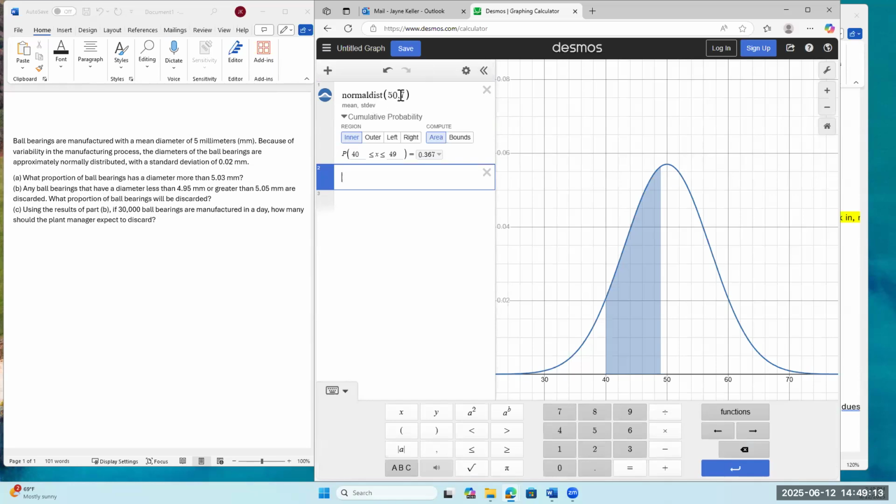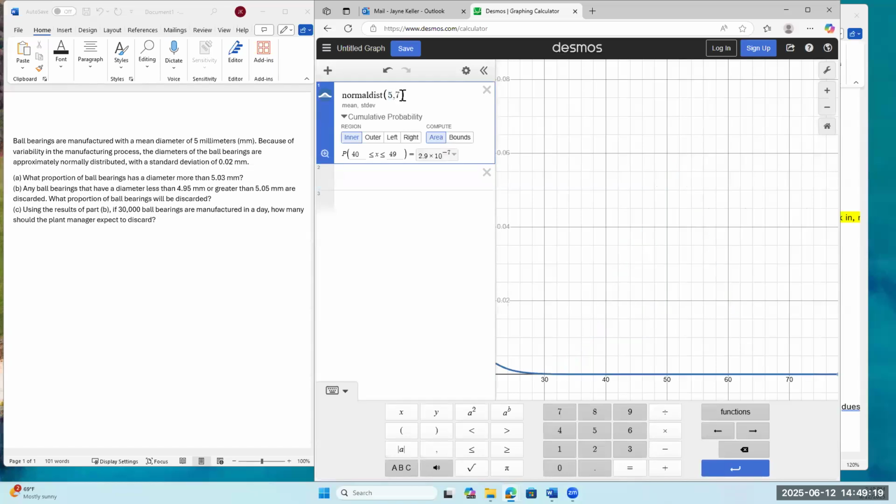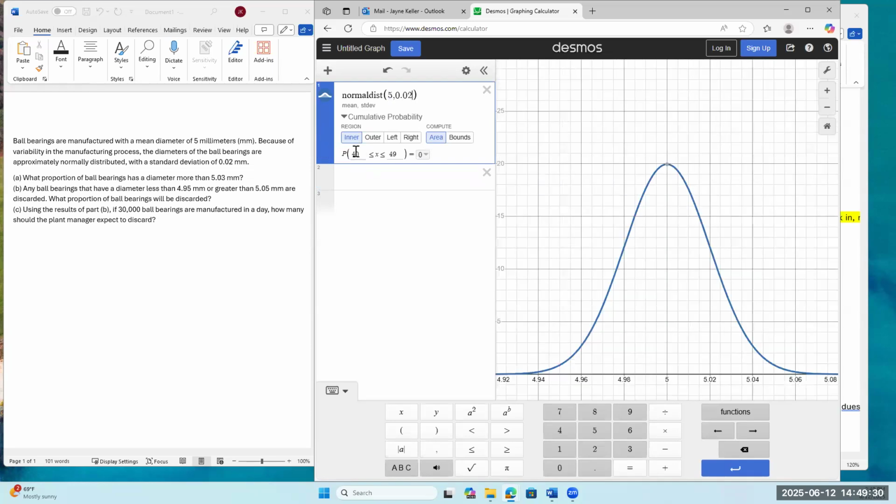And then I'm going to input the mean and standard deviation. So I'm told that the mean is 5 millimeters and the standard deviation is 0.02. Again, I like to see my graph, so I'm going to click this little zoom fit button here, and I can see my graph now, and I can start answering some questions.